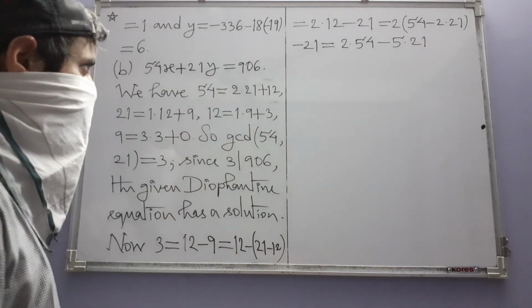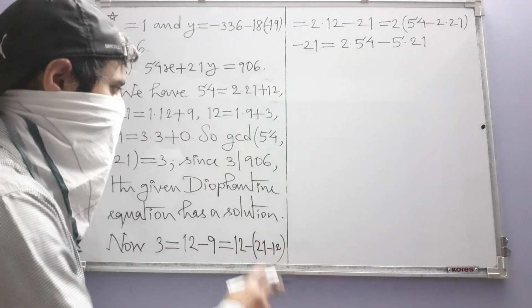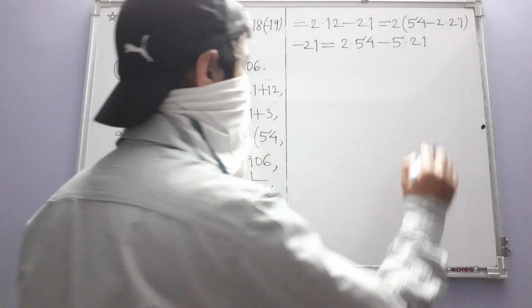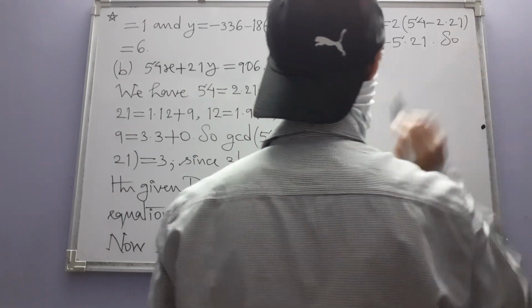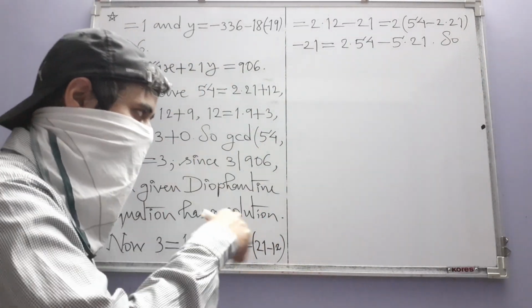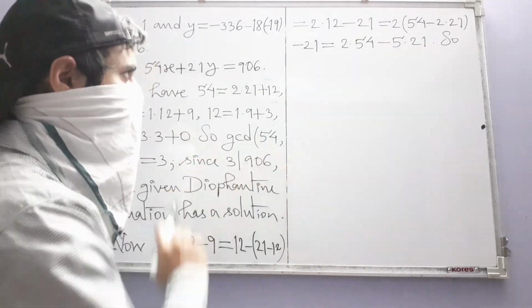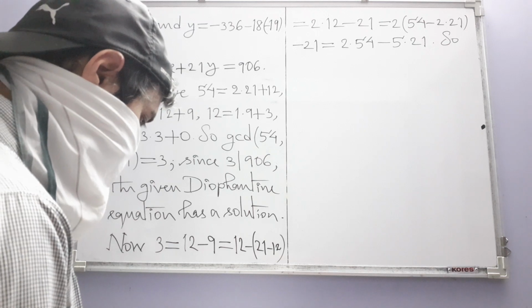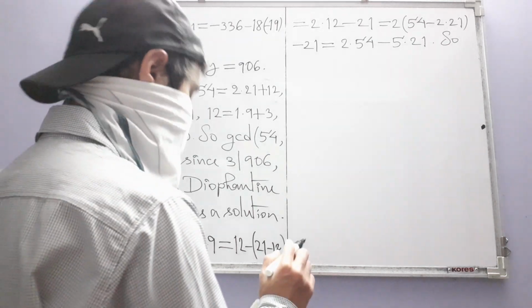So that means we have to divide on both sides by 302. I mean we do not have to divide, we have to multiply on both sides by 302. So doing that, what do we get? We get this.